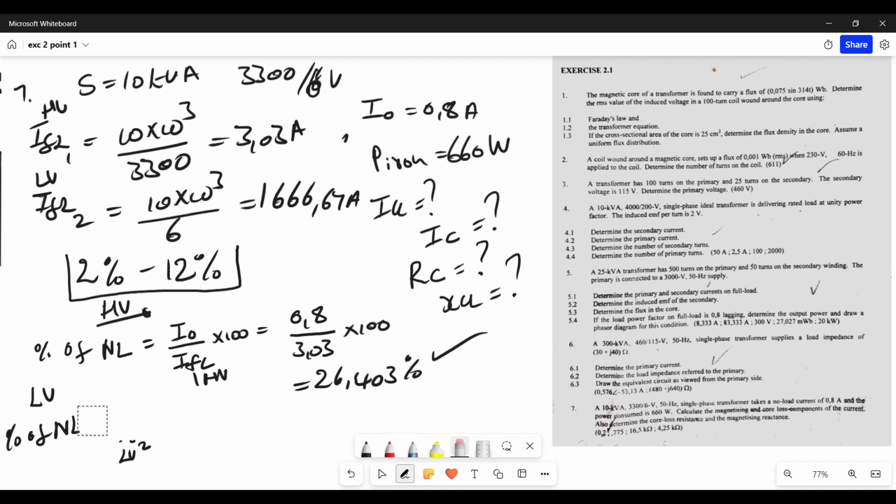This is the tricky thing about this, and it is there in the theory. Therefore, the test was done on the HV side.